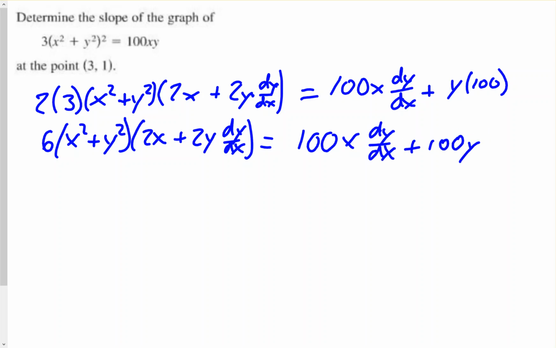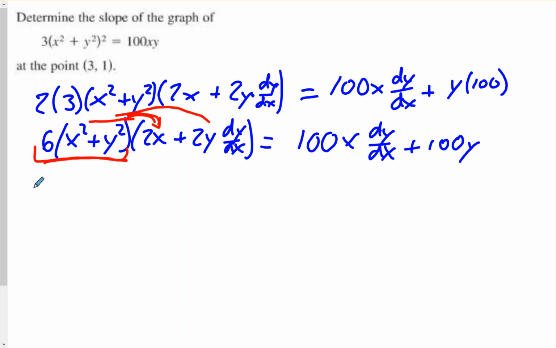100y. Now what we want to do next is we'll take this quantity and we'll distribute it into our, like as a group. This would go and multiply with the 2x, and then it would multiply with the 2y dy dx.